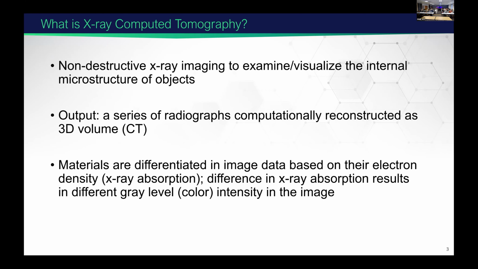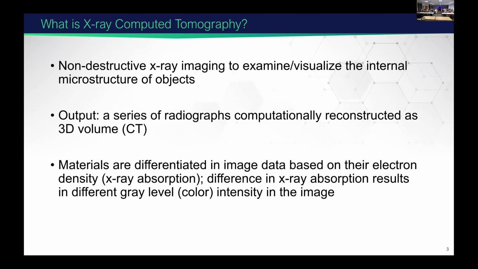So what is X-ray CT? It is a non-destructive X-ray imaging technique that is used to examine or visualize the internal microstructure of objects. Its output is a series of radiographs that are reconstructed by a computer into a 3D volume, hence the term computed tomography.